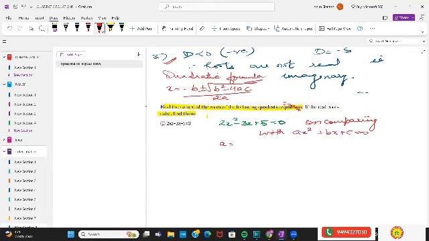The value of a, beta: the coefficient of x square is a, and here it is 2. So the value of a is 2. Right? Now, Siddhishri, tell me the value of b, beta. Coefficient of x is b, and in the equation the coefficient of x is minus 3.